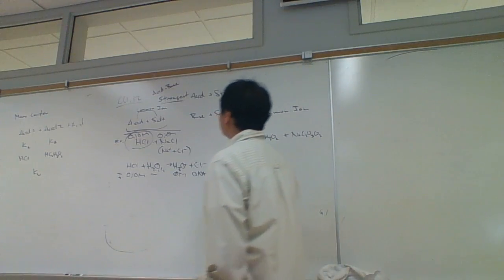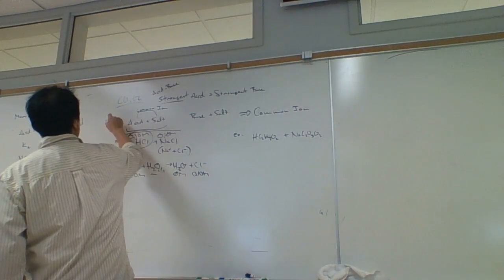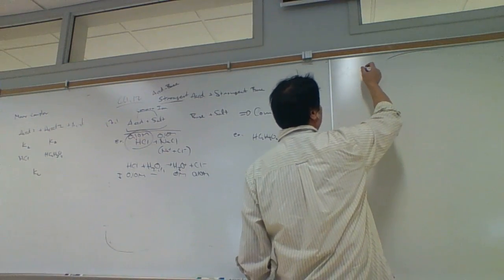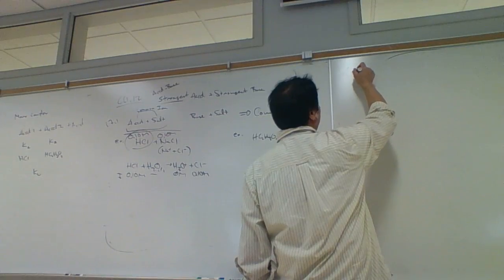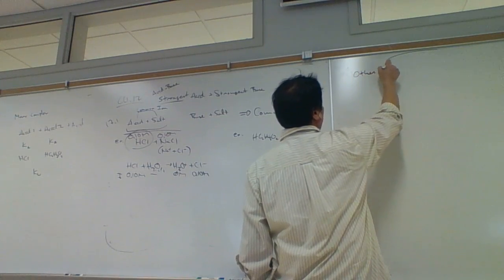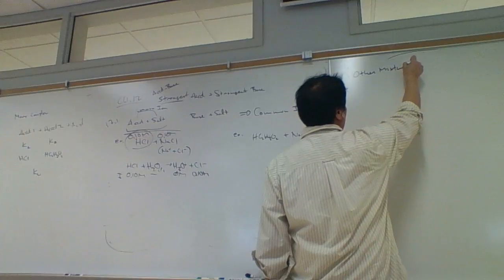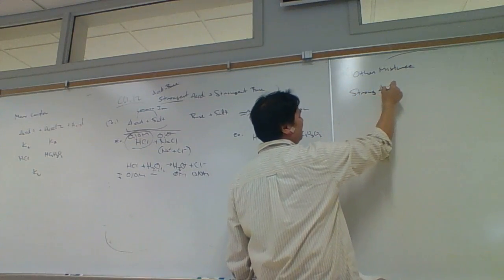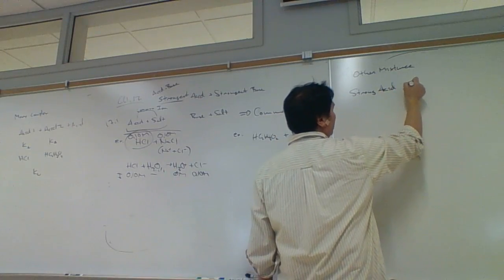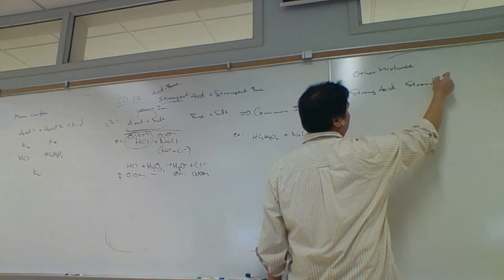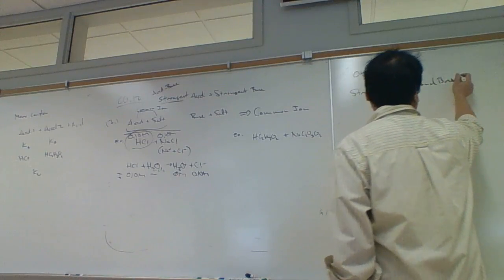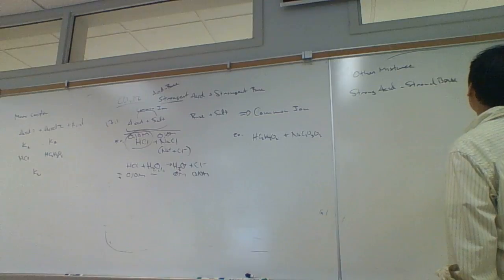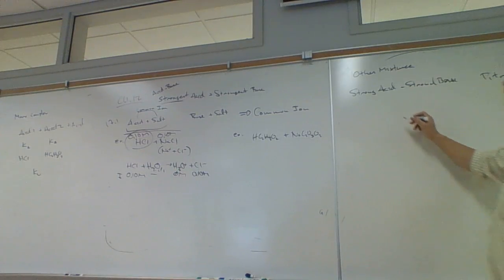So the first part of this would be 17.1. In 17.2, we're going to look at buffers. But before we get to buffers, we'll look at other mixtures. And so if we have a strong acid, strong base, a strong acid, strong base mixture we call a titration, like sodium hydroxide and HCl.